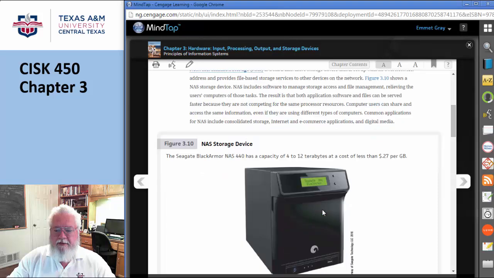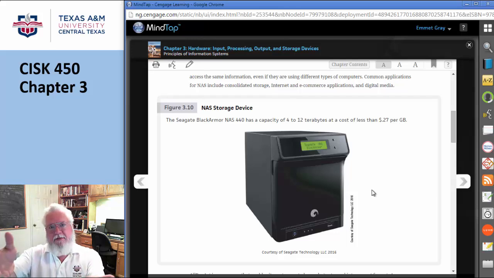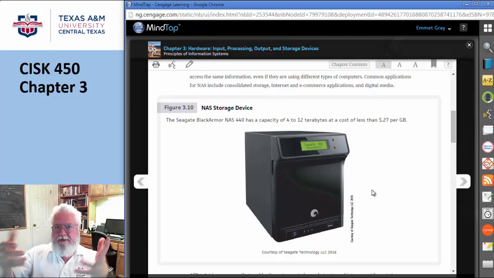And so a NAS box, basically like this box, has a capacity of 4 drives. So I buy this box, I open it up, and I put 4 hard drives in it. And if they're a terabyte apiece, so I put 4 1 terabyte drives in it, close it up, and then I have 4 terabytes of data that's available.